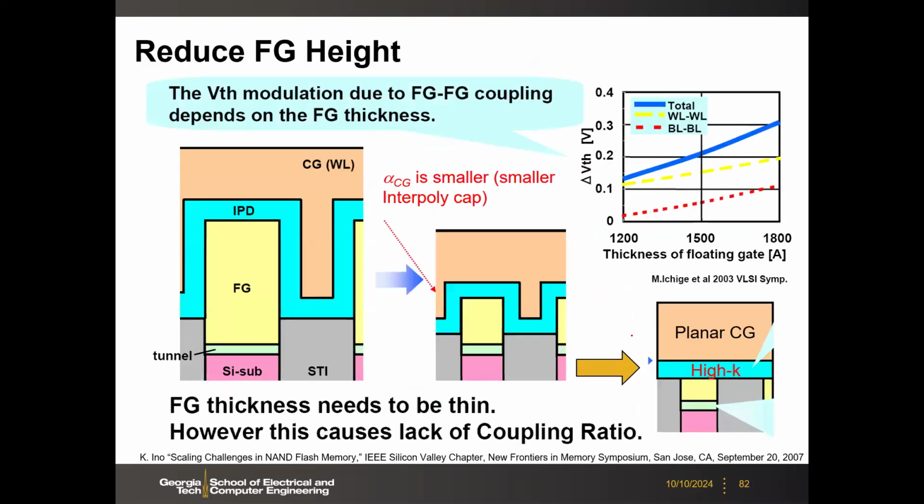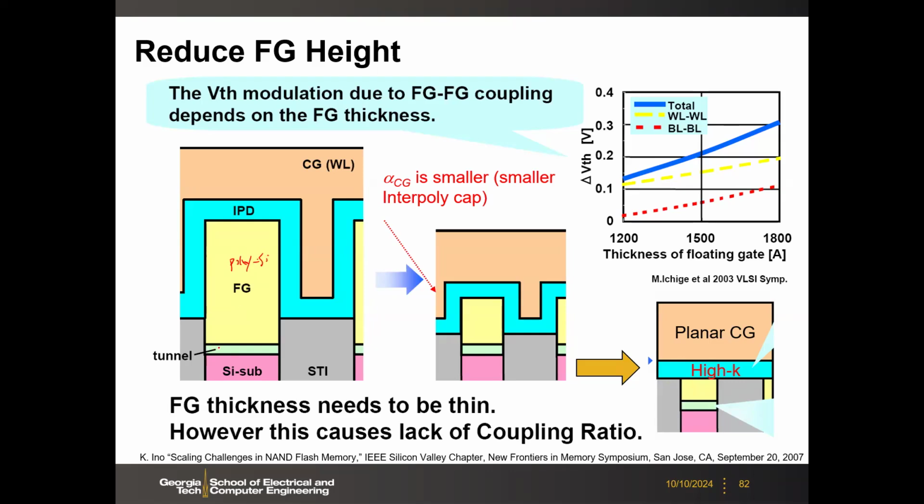So what is the fundamental cause for this coupling? If you look at the geometry of the floating gate, this is a cross-sectional view, right? Previously, the floating gate is a polysilicon. So actually, it has certain height.